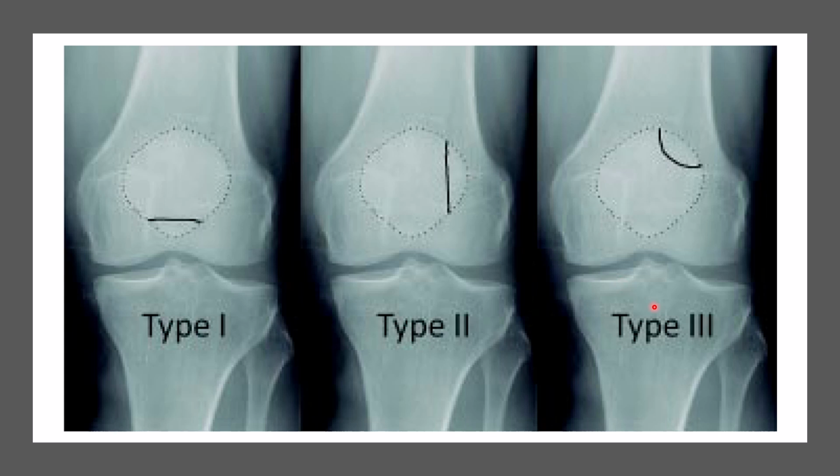And type 3 is typically not really at a right angle to it, but usually just a chunk at the top of one side or the other. The previous picture was a type 3 bipartite patella. Okay, again, not in the book, but it is a common congenital defect, and a lot of times it can be mistaken for a fractured patella.